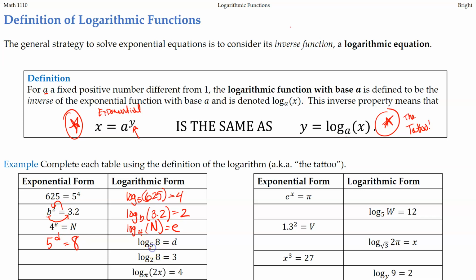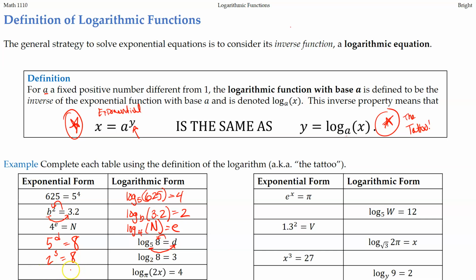Again, base of the logarithm. The circle method actually works here too. You would just do the base of the logarithm to the answer is equal to the input. And then this is going to be 2 to the 3 is equal to 8. That's another fun one. Now try the last one on your own.